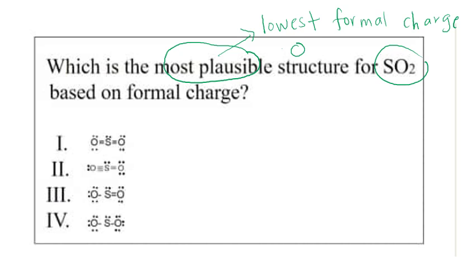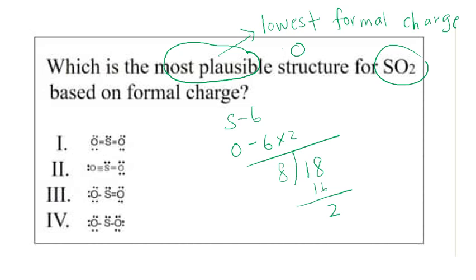Here, sulfur has 6 valence electrons, and so does oxygen, so we use 6 times 3 equal to 18. 18 divided by 8 gives 16, and there will be 2 lone pair electrons. So 2 terminal atoms and a lone pair electron. If we look at the structures, in all the options 1, 2, 3, 4, the sulfur has a lone pair electron. Then we have to do the calculation.